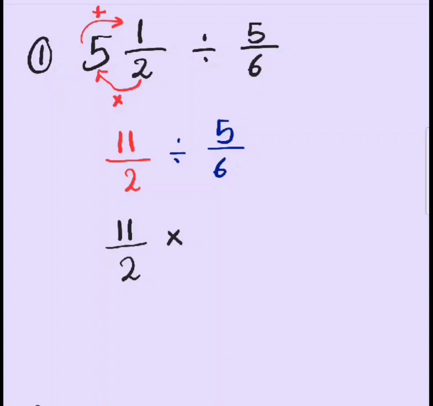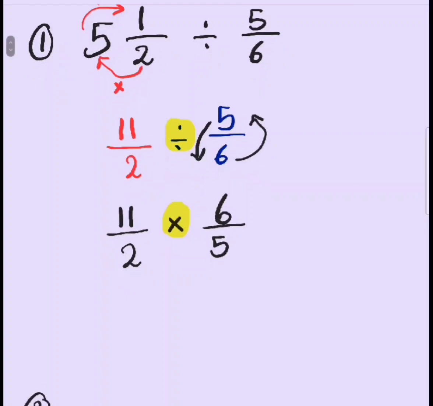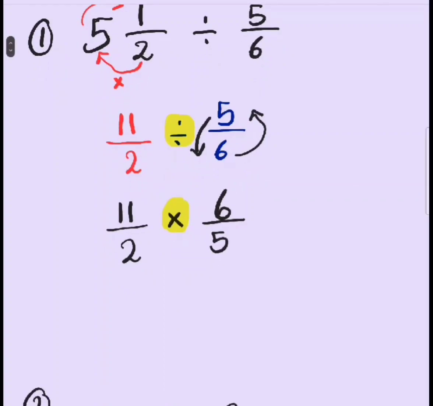Multiplication is the opposite of division. And since we switch that to multiplication, we need to flip the second fraction here. So the 6 is going to be the numerator and the 5 is going to be the denominator. Now we're able to multiply straight across.